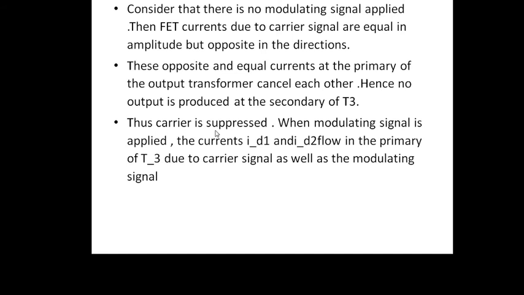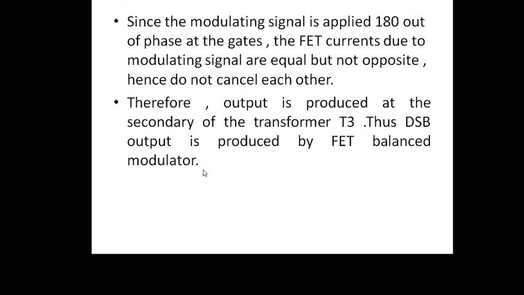Thus the carrier is suppressed. When the modulating signal is applied, the current produced by FET1 is I_D1 and the current produced by FET2 is I_D2 in the primary of transformer T3. Since the modulating signal is applied 180 degrees out of phase at the gates, the FET currents due to the modulating signal are equal but opposite in direction, hence they do not cancel each other.